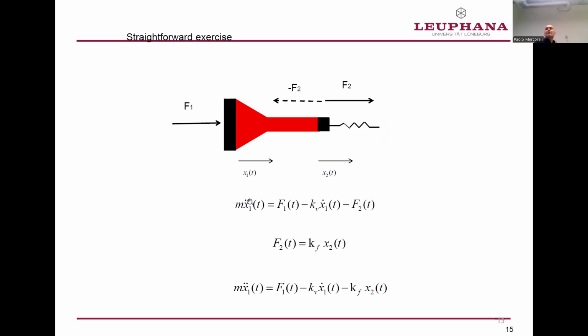M multiplied by x1 double dot, where M is the moving mass, equals F1, this force which is given by the actuator, it doesn't matter which kind of actuator, which comes from the electrical system, minus this friction part, what I am losing, assuming that I know KV, but it can be identified with a complex algorithm, minus F2. What is F2? It's this force here, which works against the movement, let me say, left to right.